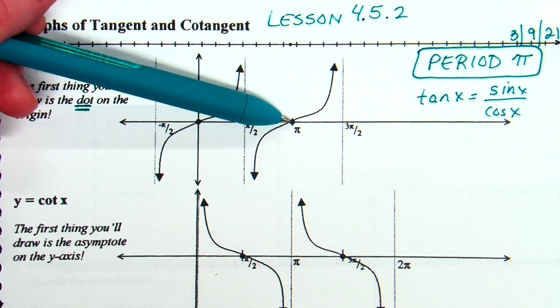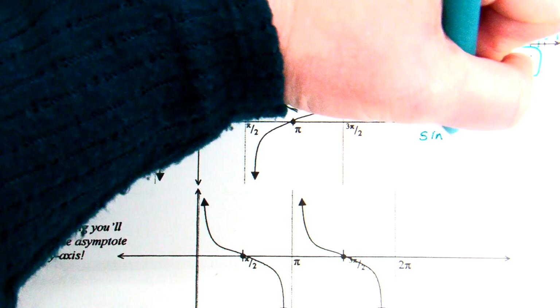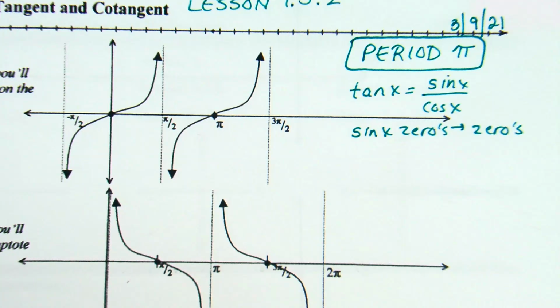Sine is 0 at 0, at pi, and at 2 pi. Whenever sine has a 0, tangent has a 0. So sine x zeros create zeros on tangent.